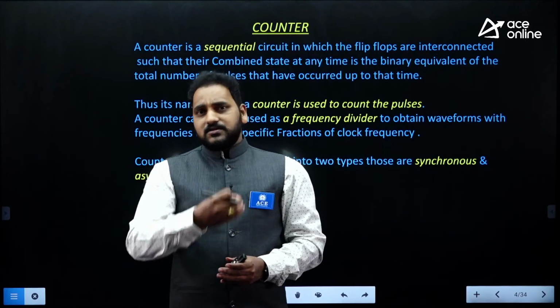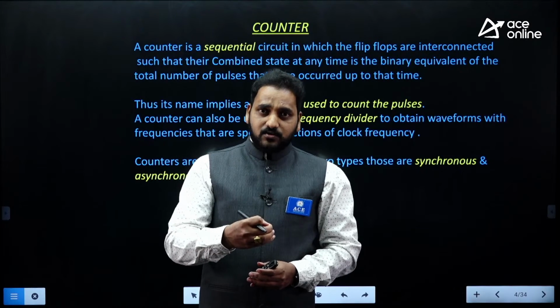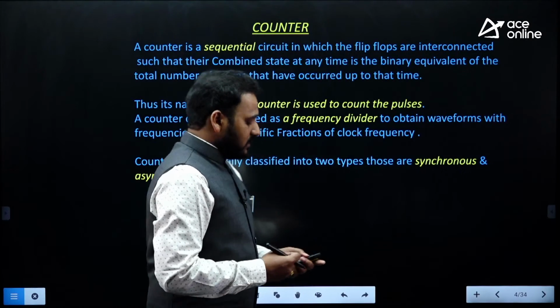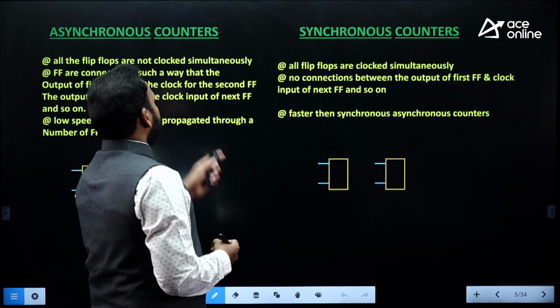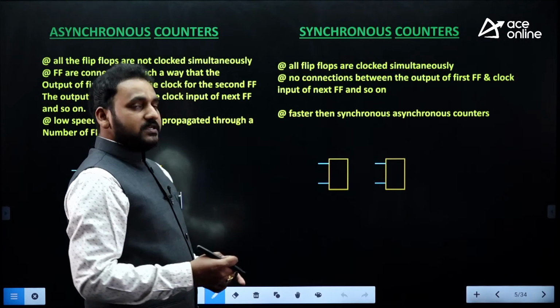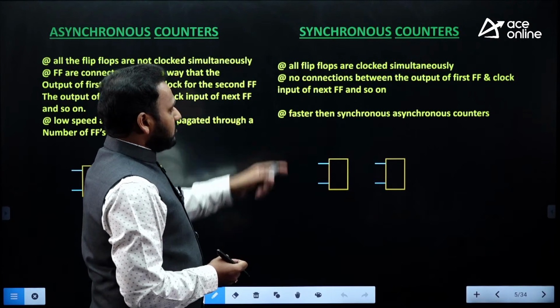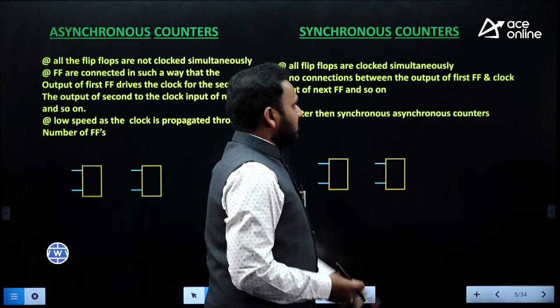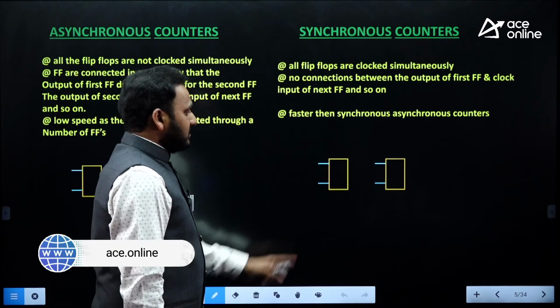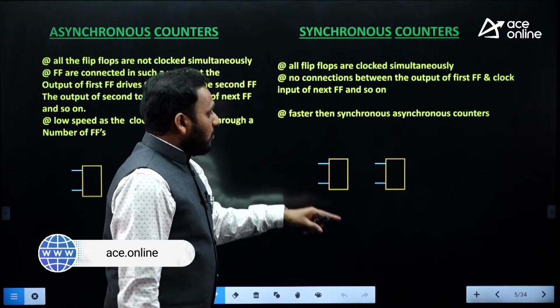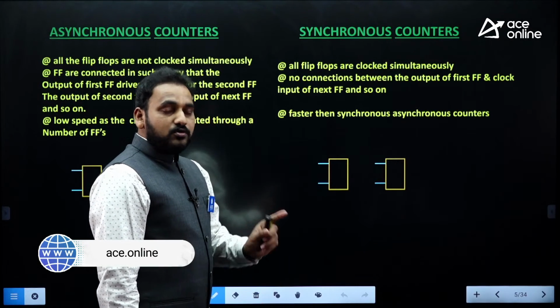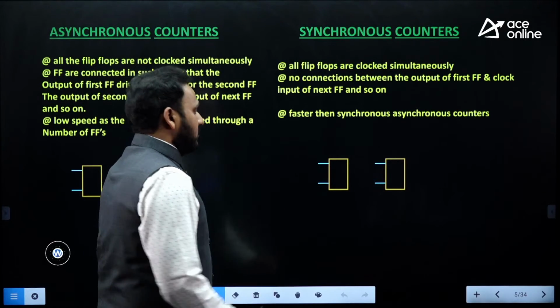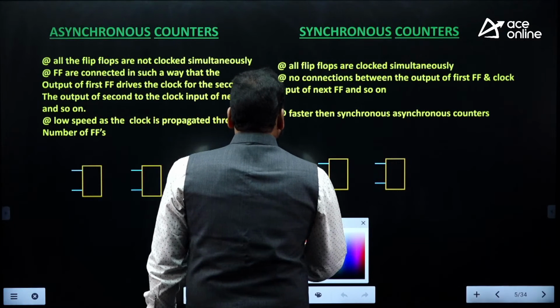Of course, there are some subtopics in asynchronous counters and synchronous counters. Okay, let me show you that. See guys, this is the basic definition I have given. In synchronous counters, all the flip-flops are clocked simultaneously. Don't worry what kind of flip-flop it is. It is a flip-flop having input lines.